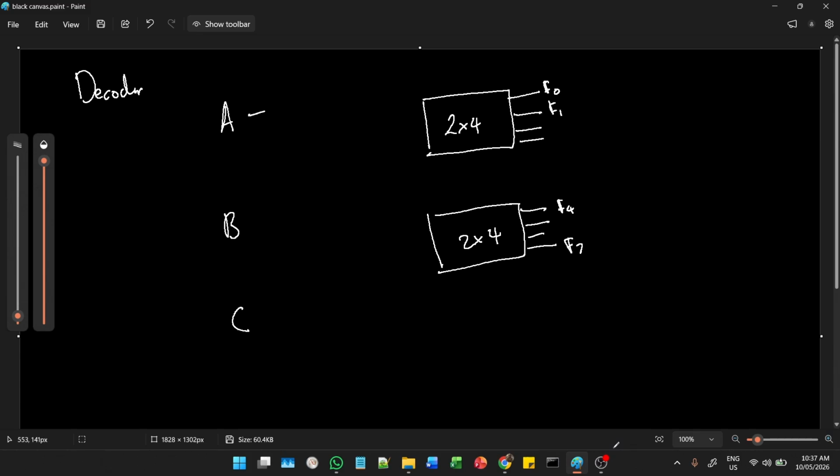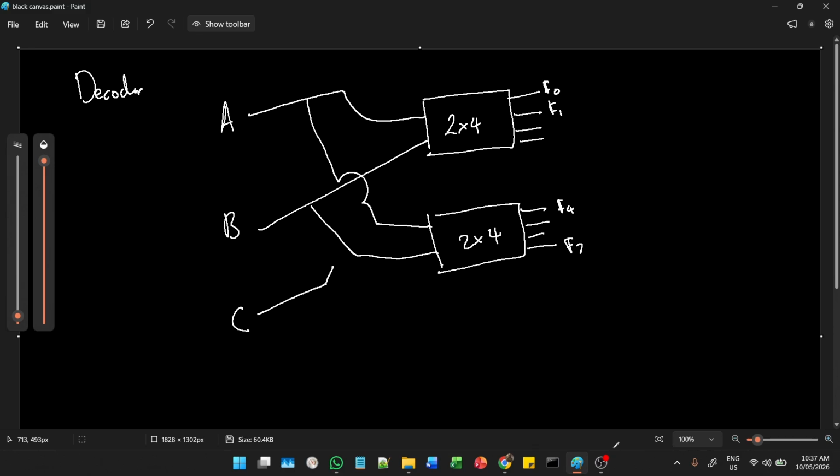So essentially, we're going to connect A here, we're going to connect B here. We'll also connect A here, we'll also connect B here. We can also connect C to here. So the first one, when it's 0, will activate, but when it's 1, this will activate. So my drawing is a bit bad, I know, but please try to understand the concept. It's not about the drawing, right? So this is how a 3 to 8 decoder works.